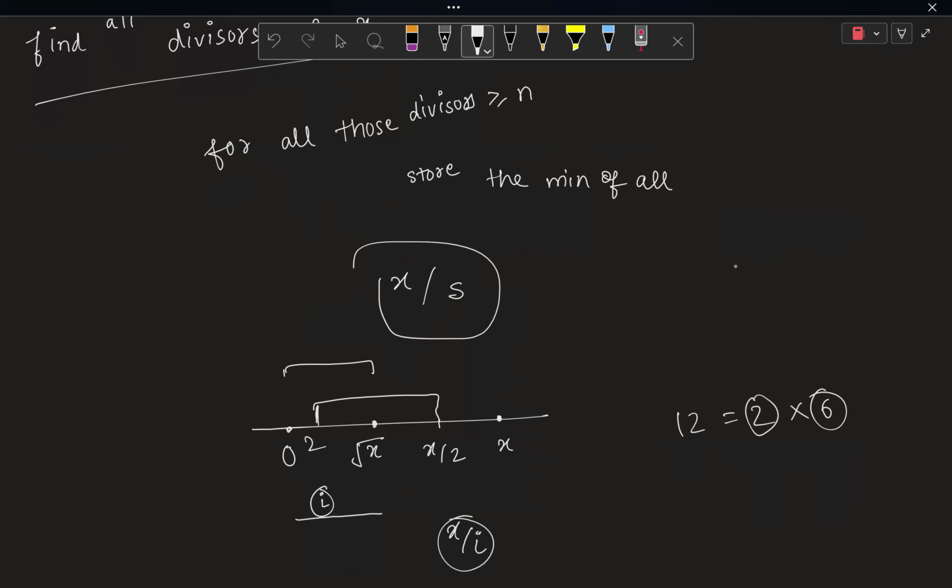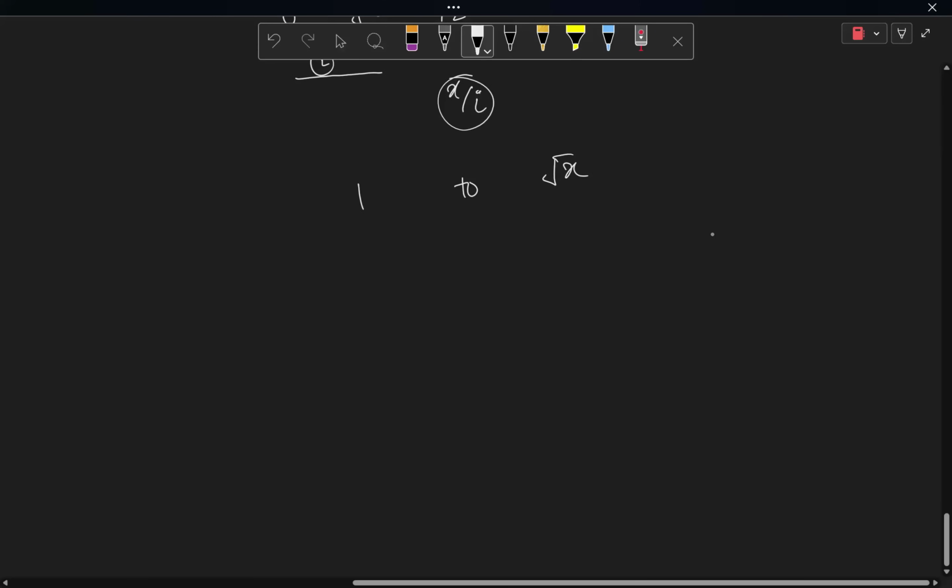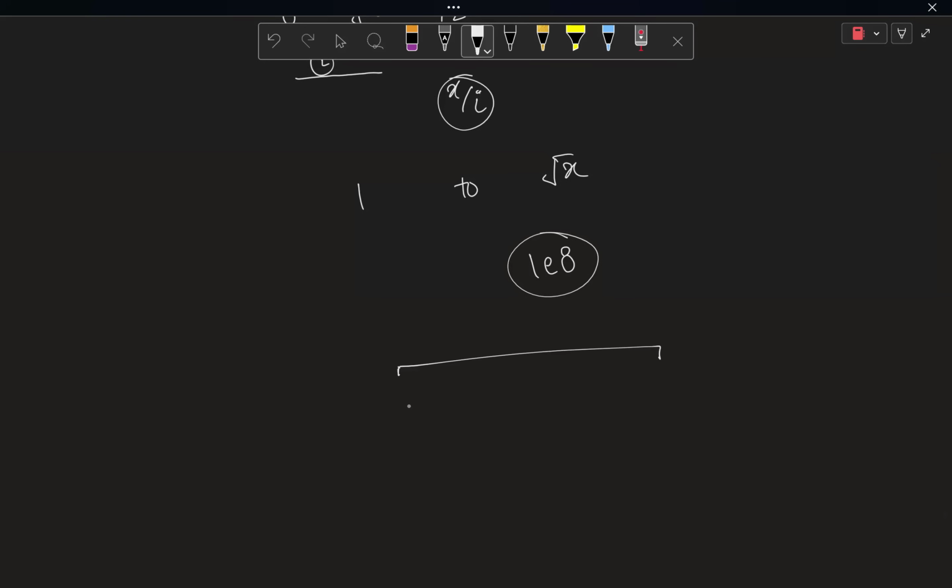Yeah, Mayank has written that in chat. That's correct. The number of divisors can have up to 1e6. I don't know if there is some expression about the maximum number of divisors there, but for a number of 1e8, if x is equal to 1e8, you would have to traverse from 1 till 1e4, which is the square root of 1e8.